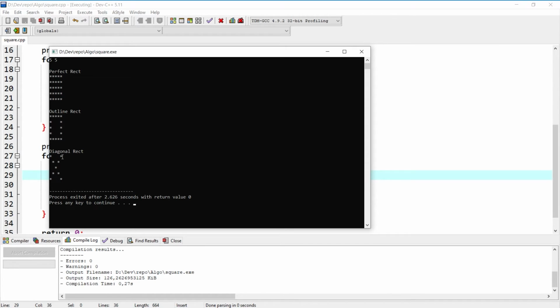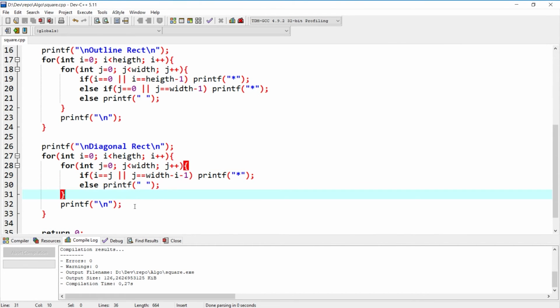So that's why the asterisk will be printed in here. Okay, I think it is better for you to check my very previous video, so you know in detail why I use j equals width minus i minus 1.